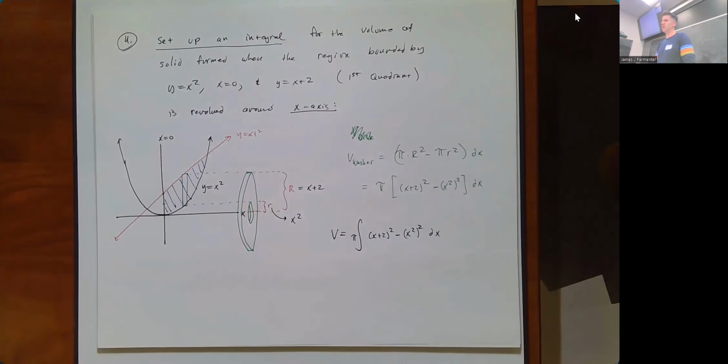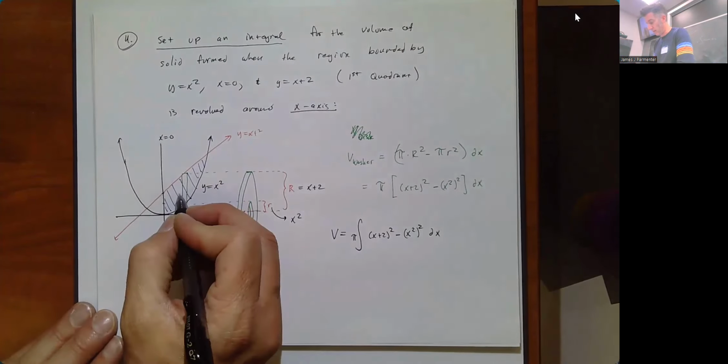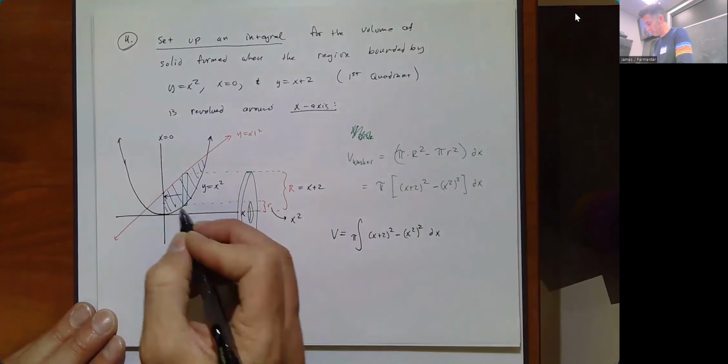What am I missing that I absolutely need to actually write the integral? I'm missing those things, those limits of integration. We can certainly see from our picture that the left limit of integration is going to be 0 because that's as far left as this thing can go.